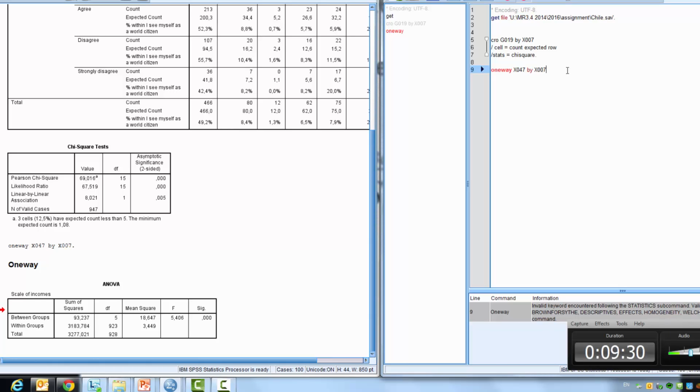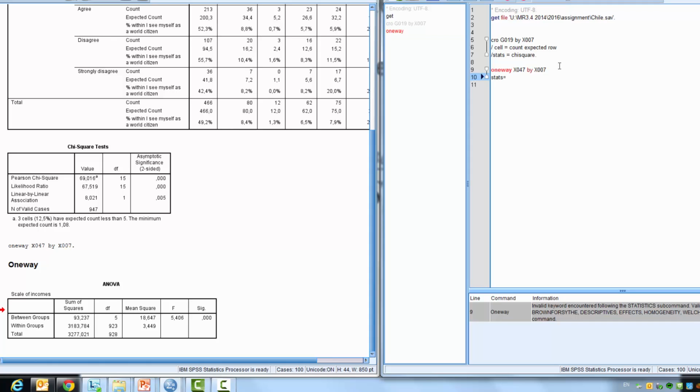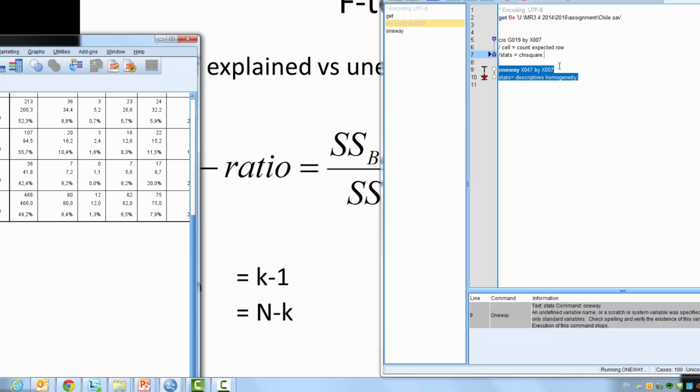If you want to know more about the F value, I advise you to look at the statistics. You can also test the homogeneity of the variances.